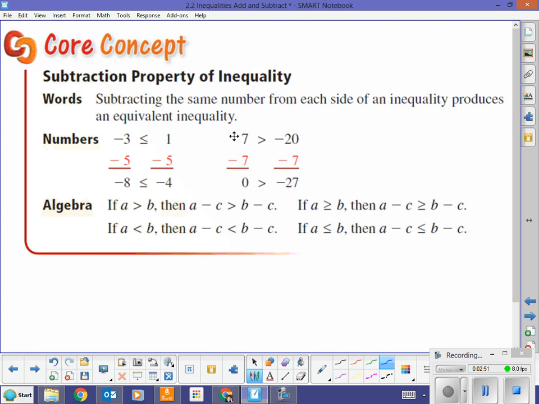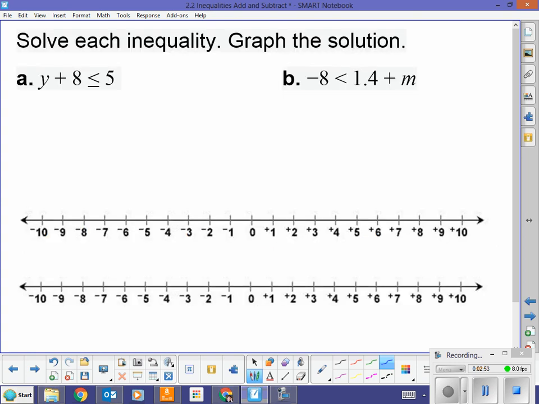Okay, so let's take a look at some practice problems here. Y plus 8 is less than or equal to 5. If I subtract 8 from both sides, I get y is less than or equal to negative 3. And I'm going to graph that one on the first line here.